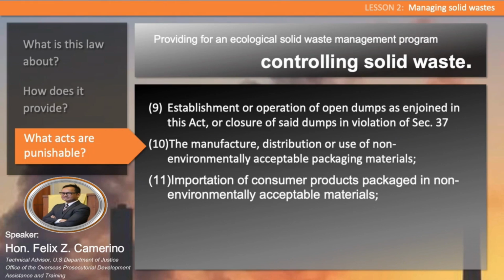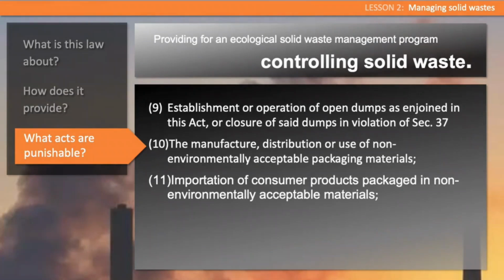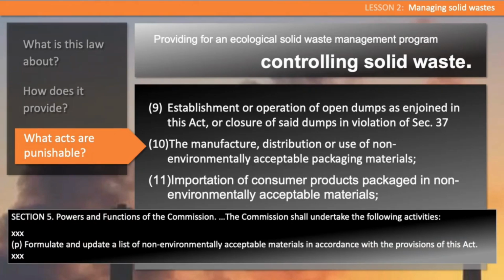One specifically, and that specific one is the one that we're going to focus on right now, is referring to the powers and functions of the Commission. Remember the Commission? Okay, Section 5. So it talks about exactly what powers and functions the Commission has, and one of those powers and functions is to formulate and update a list of non-environmentally acceptable materials.